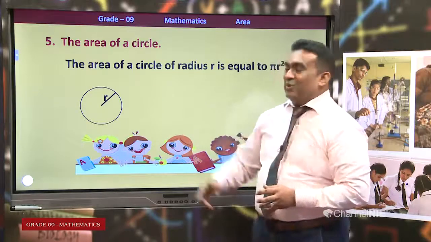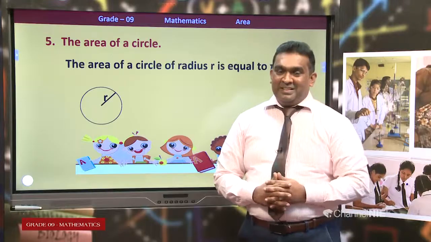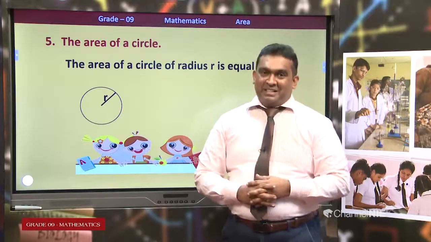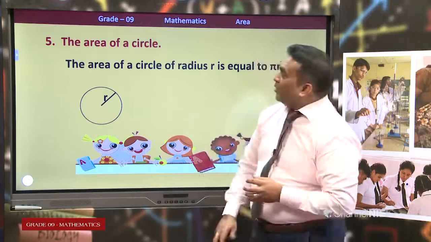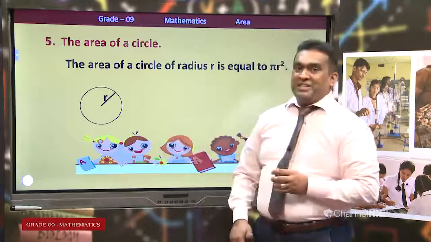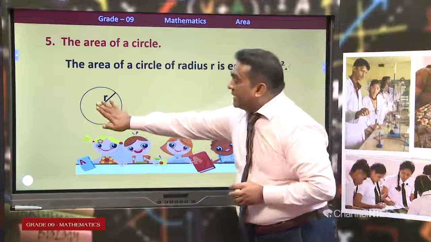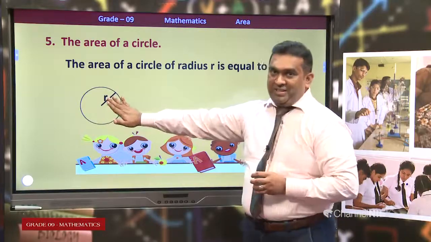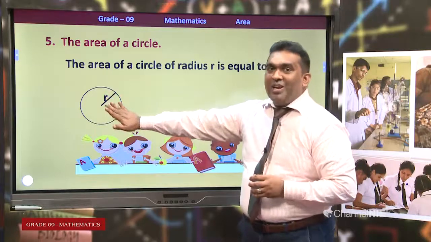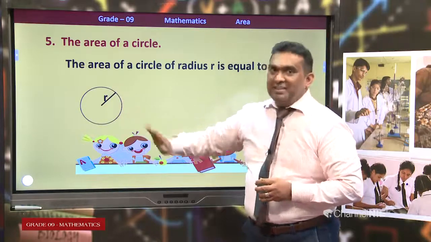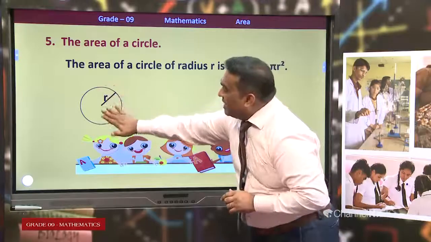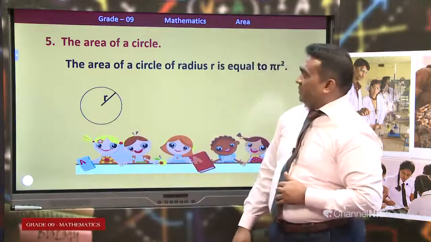Here again you have the circle, with different concepts in grade 9. Here we are going to consider the area of a circle. The space taken by a circular shape is called the area of a circle. We want to find out the space taken by this plane figure.